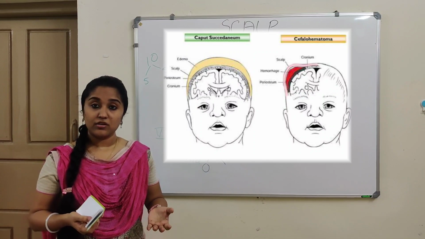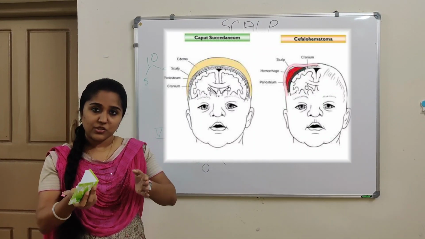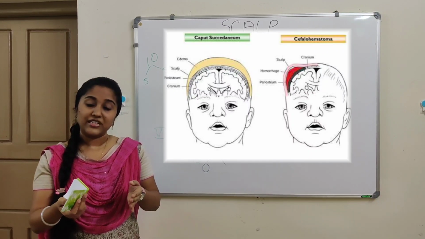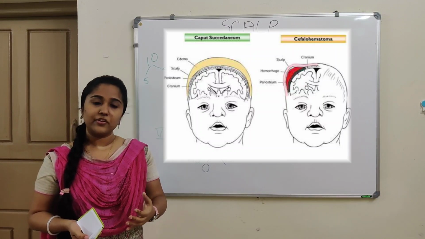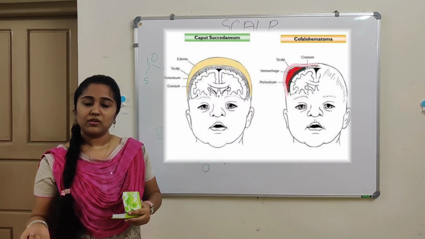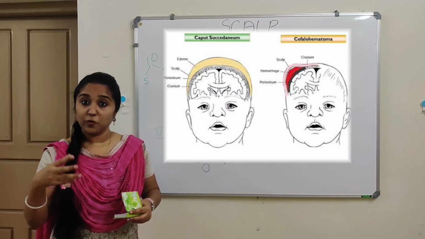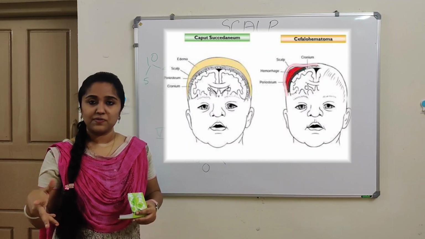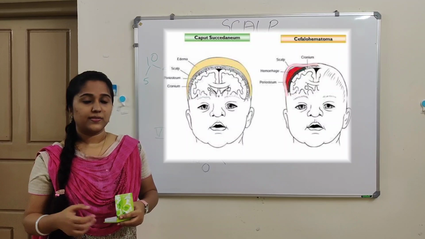The caput succedaneum occurs due to interference of the venous return during the passage of the fetal head through the birth canal. Okay, it occurs during the delivery only, whereas cephalohematoma occurs with the rupture of emissary veins, especially while doing forceps delivery. When we are using the forceps for delivering the fetal head, rupture of emissary veins occurs.